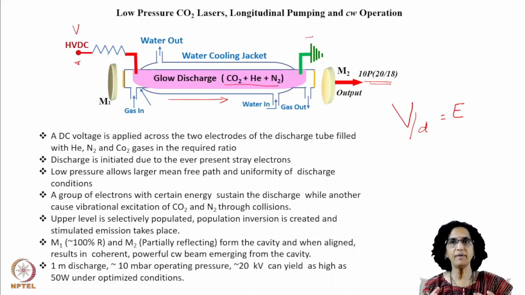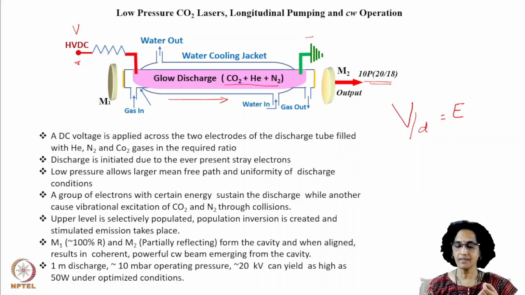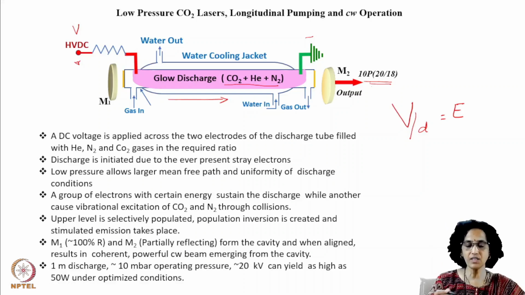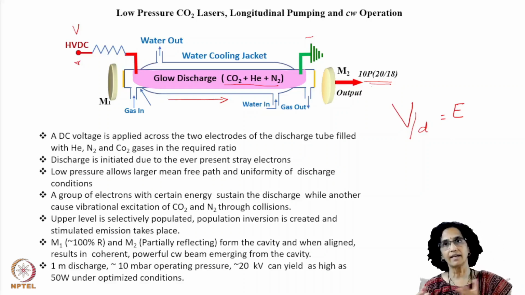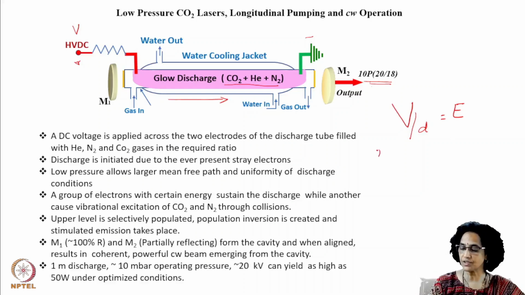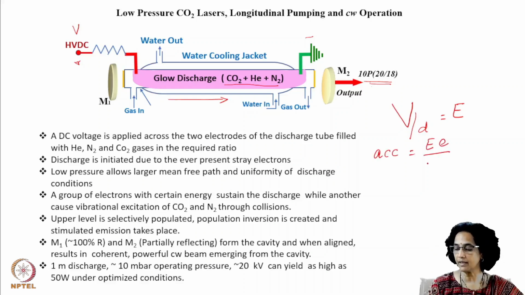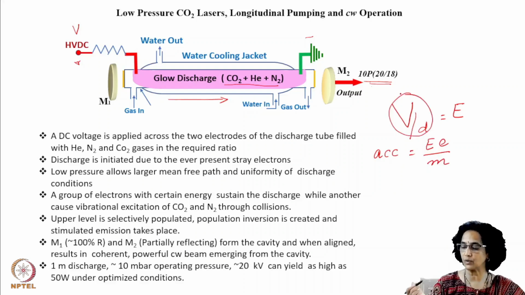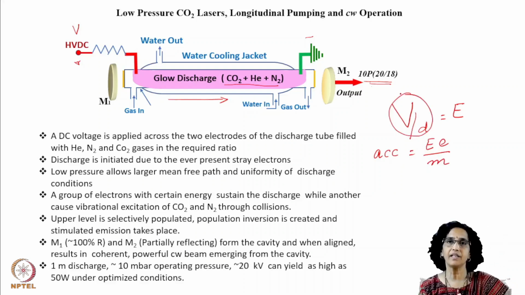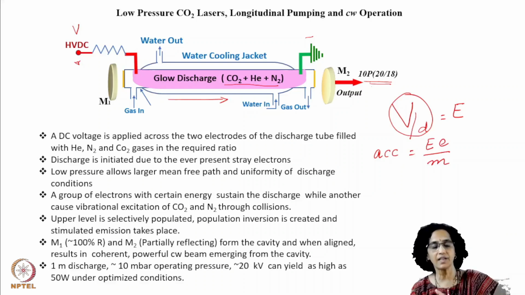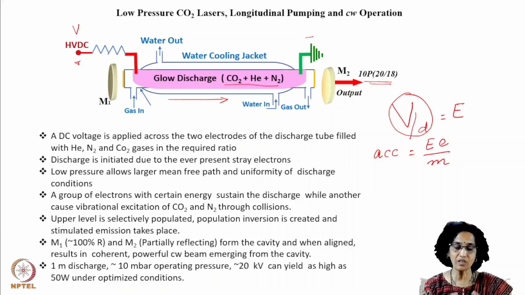Now, in any medium that we take, there are always some stray electrons. And these stray electrons, when they experience this electric field, get accelerated. And the acceleration is given by a equals eE by m, where E is the electric field, which is given by V by d. So these accelerated electrons gain energy and they can cause further ionization of the species which are present in the gaseous medium.